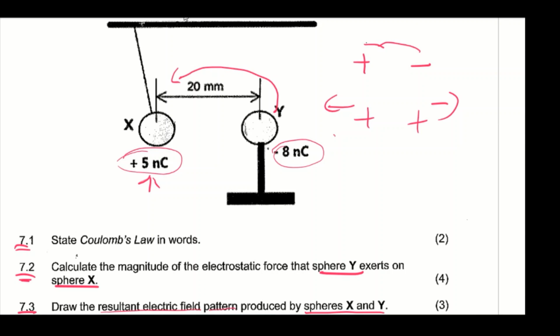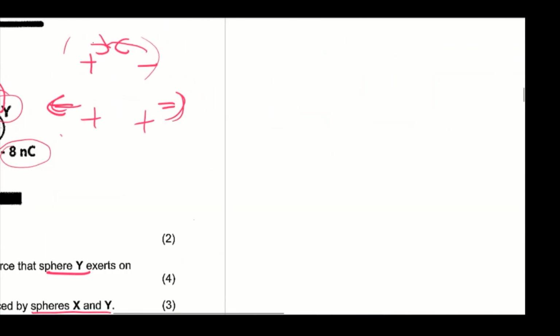So the movement of these charges will go in that direction and that direction, but these ones will come closer, right? So when sphere X combines with sphere Y, they will have the same charge and repel after that.